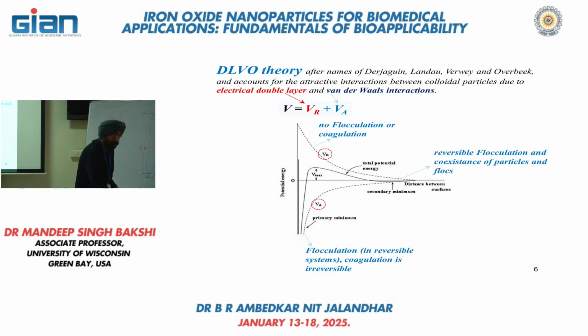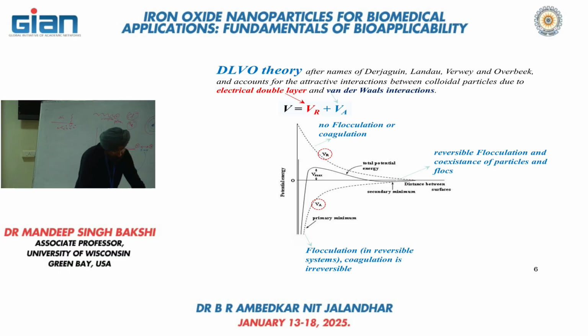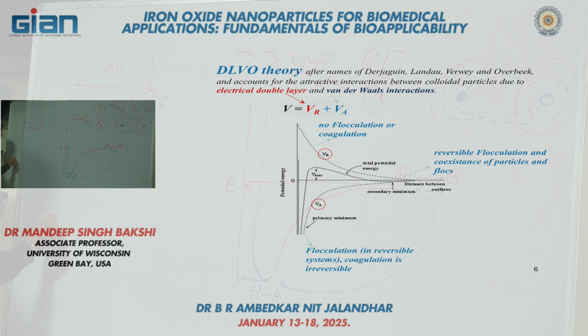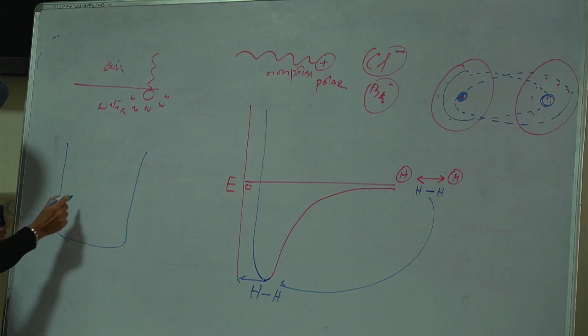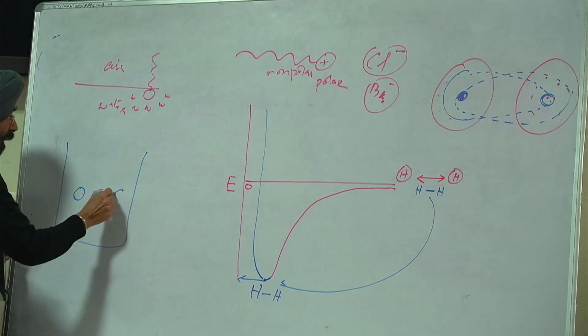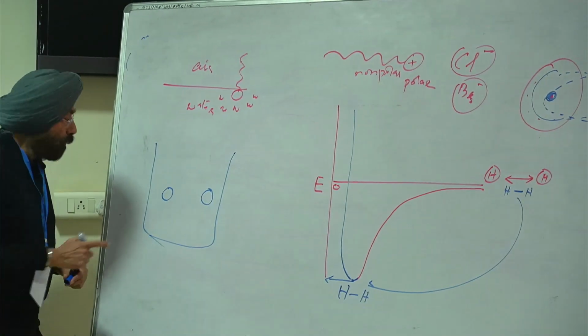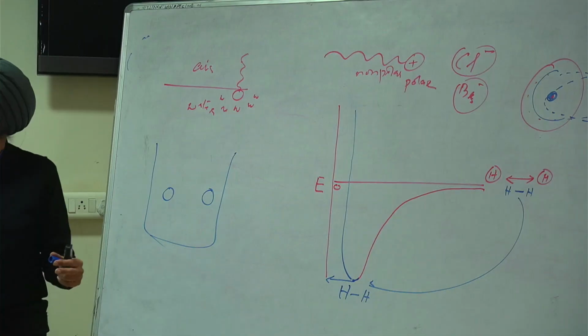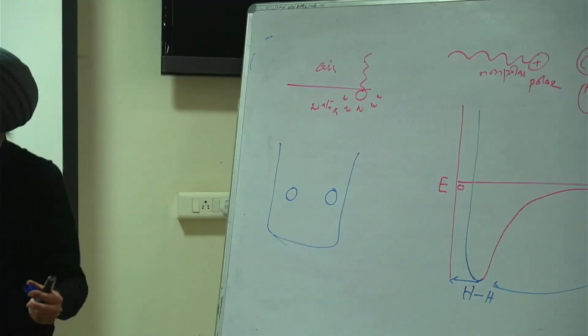If somebody asks you, okay, I understand the nanoparticle in the solution. Here I have a solution of the nanoparticle. Here I have one particle, and I have another particle. Should this nanoparticle interact with this nanoparticle through the polar interaction or the non-polar interaction?